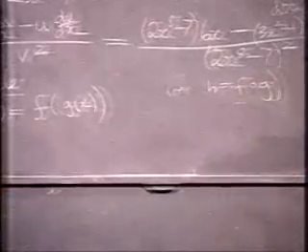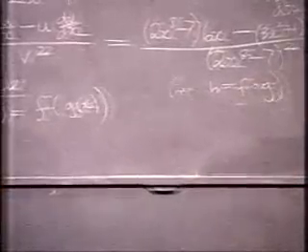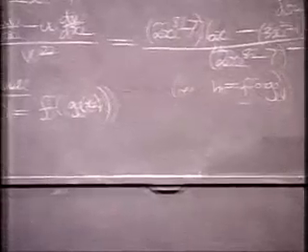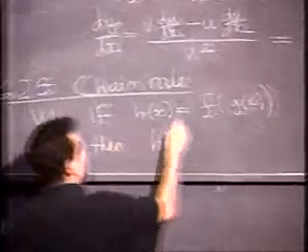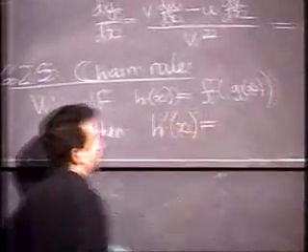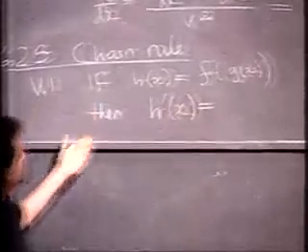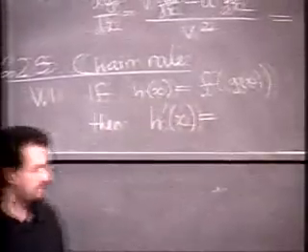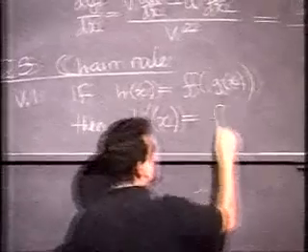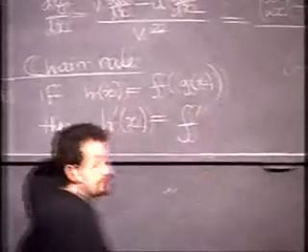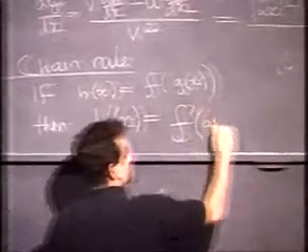So if h of x happens to be equal to f of g of x, then the derivative, well, what should it be? h is f of something, so the derivative of h should be the derivative of f of the same something.